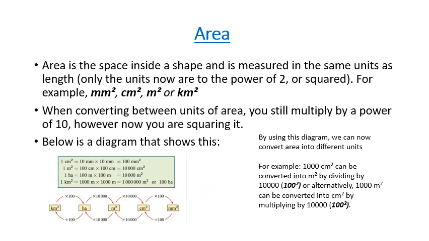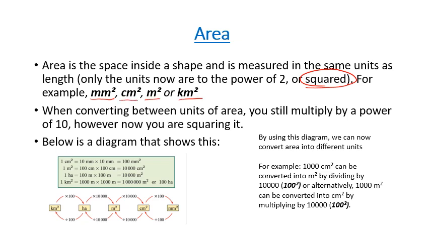So another unit of measurement that we're going to look at is actually trying to measure area. Now area is the space inside a shape, and it's measured in the same units as you would for length, only now we are doing it to a power of 2, or we are squaring the units. For example, instead of being just millimeters, the area might be millimeters squared. It might be centimeters squared, meters squared, or kilometers squared.